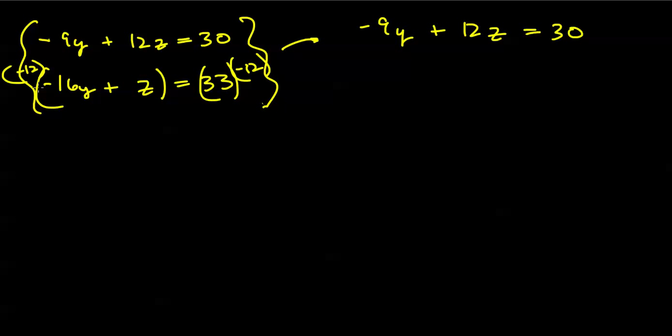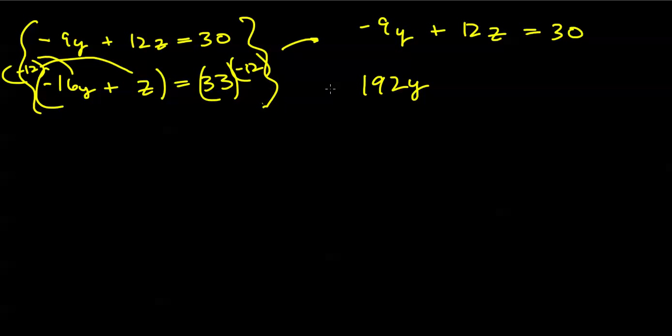Minus 12 times minus 16. Let me get my calculator. Minus 12 times minus 16, I get positive 192. Now don't panic. I'll get a positive 192y, multiplying this times this.